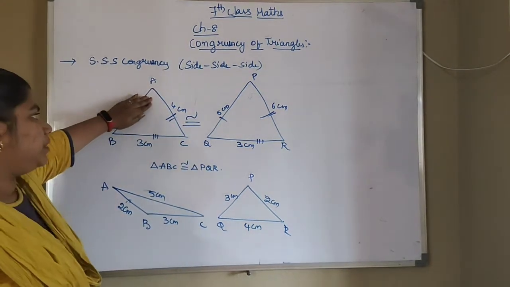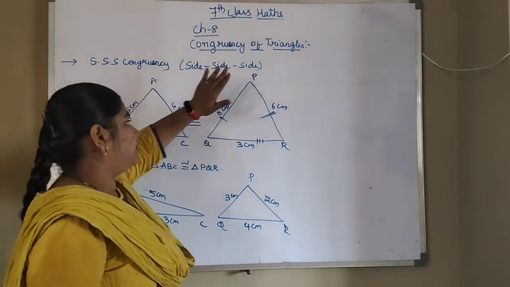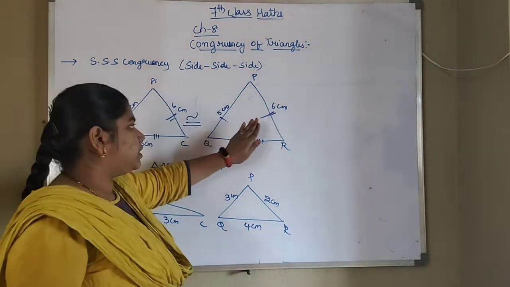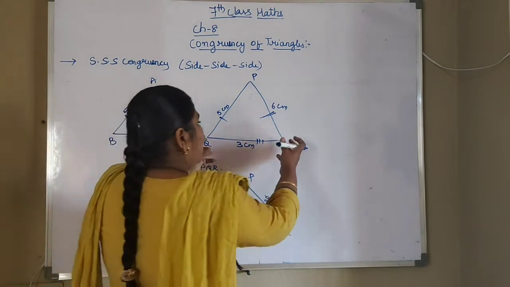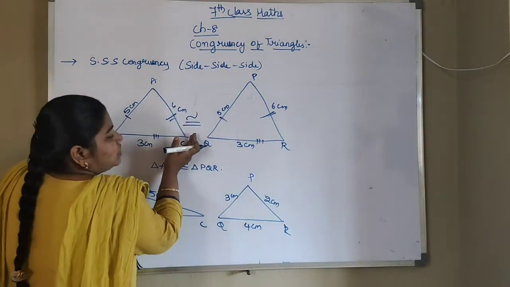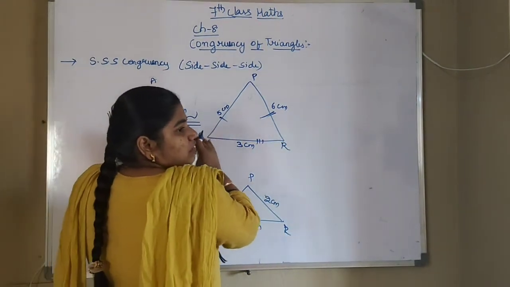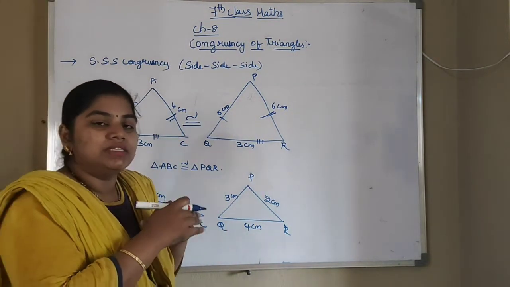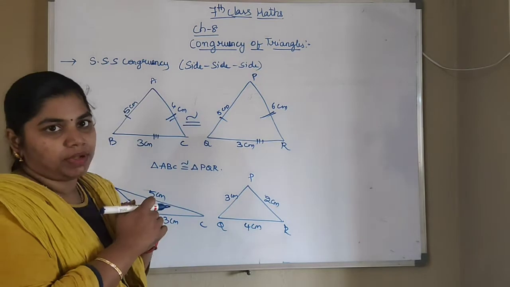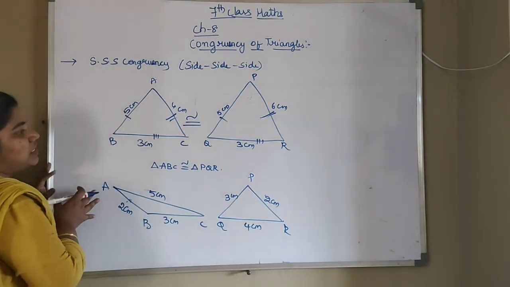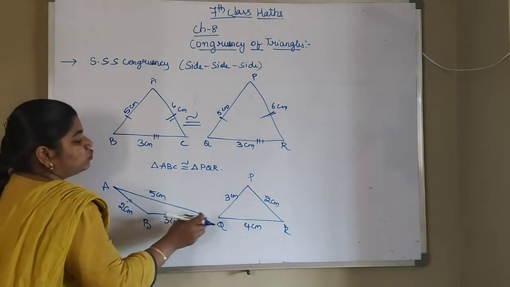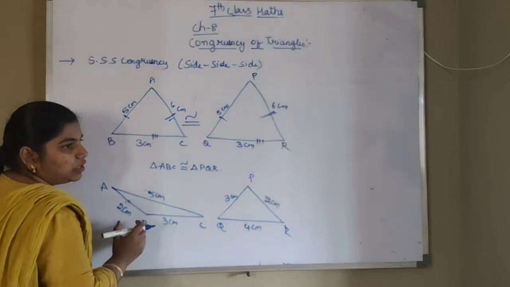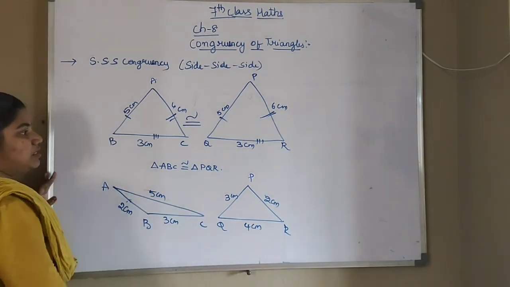So 5 centimeters, 5 centimeters, 6 centimeters, 6 centimeters, 3 centimeters, 3 centimeters. If you take out this triangle and place it on this triangle, both the triangles will be congruent because they have the same size and same shape. So this is called SSS congruency. These two are not congruent to each other. Okay, so this is about SSS congruency.